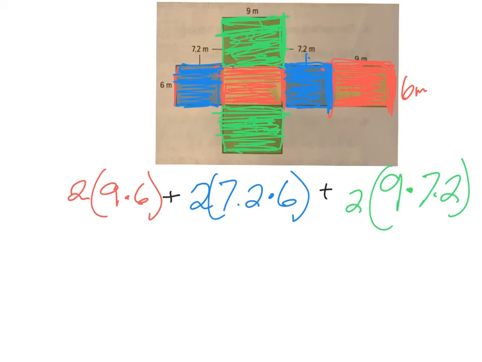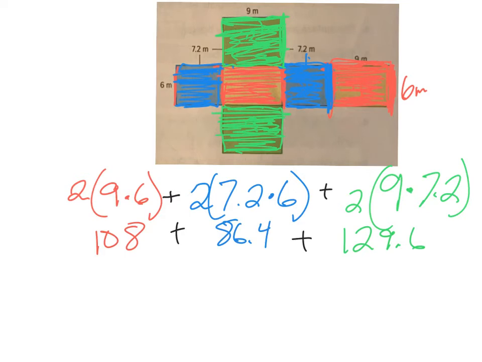Okay, now we just do the math. All right, 9 times 6 times 2. This is 108 plus 7.2 times 6 times 2 equals 86.4 plus 9 times 7.2 times 2 equals 129.6.